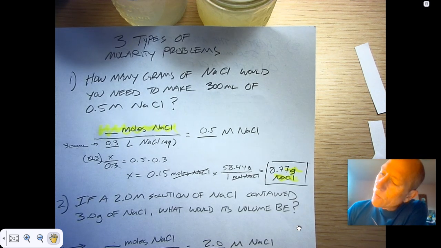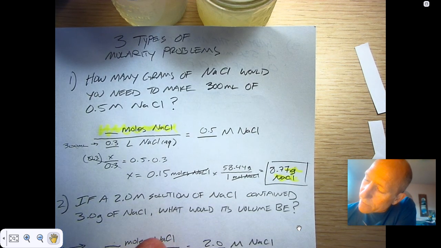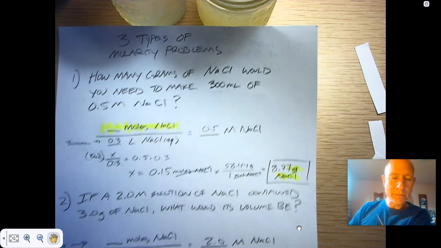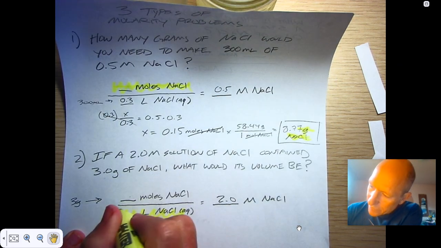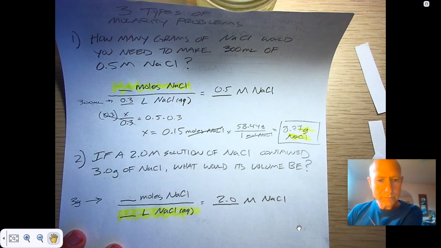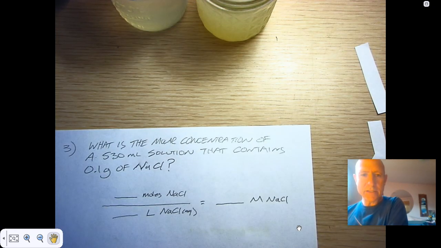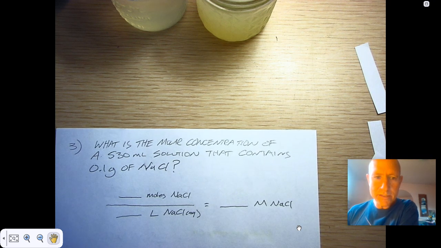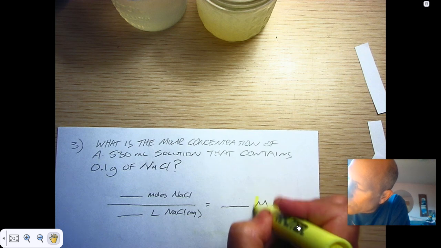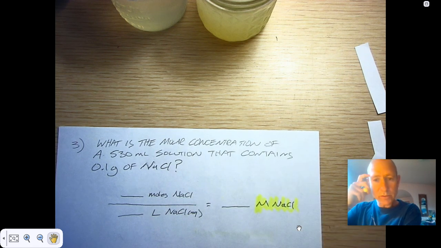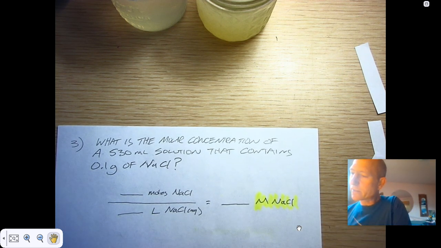In the second one, we needed to figure out what the volume is. In this third one, it says, what is the molar concentration? So we know that it's asking what is the molar concentration. So that's what we're going to solve for over there.